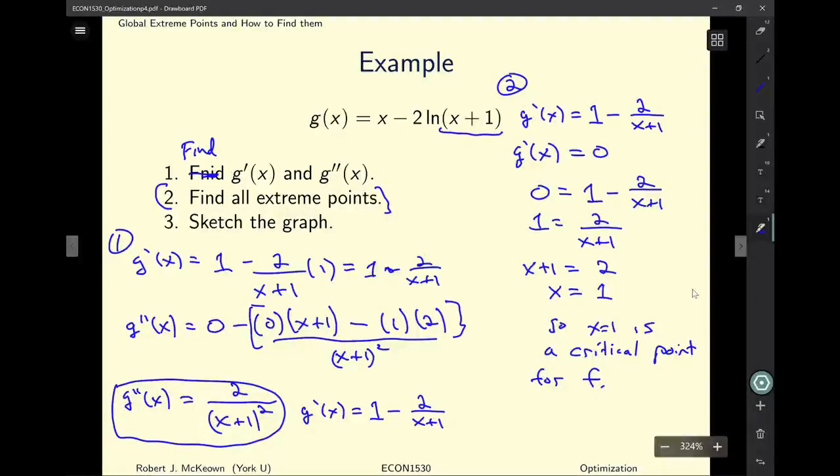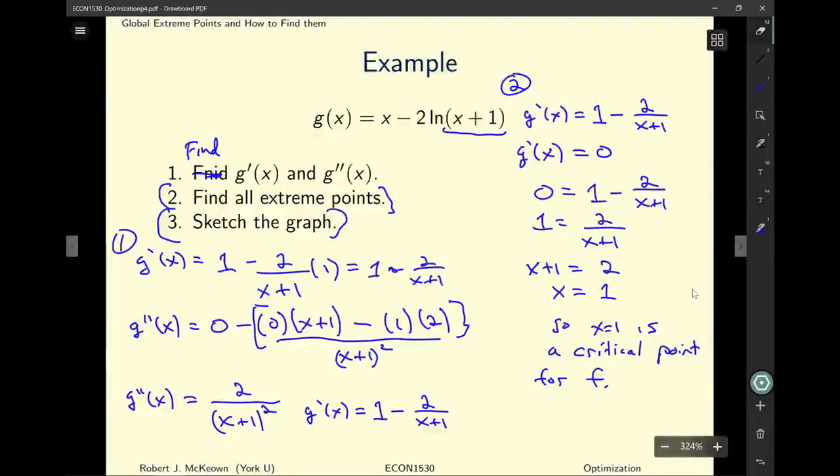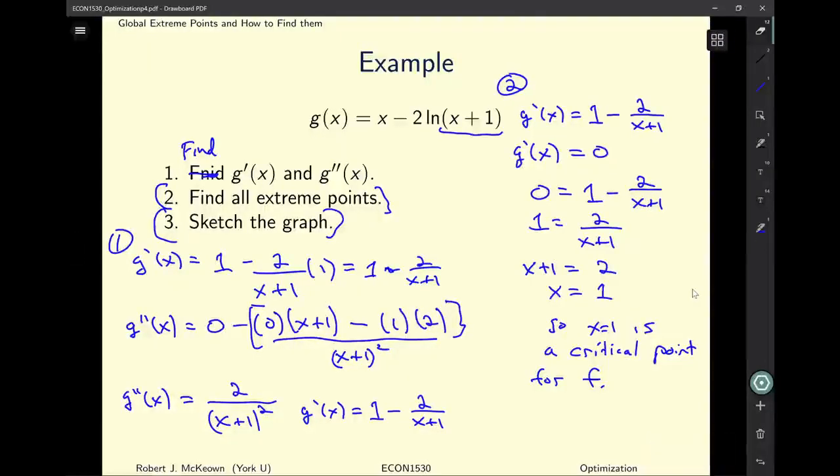Next, we're asked to sketch the graph. So let's take a look at the graph. Before we do that, can we say something about this critical point? Is it going to be a maximum or a minimum? We actually already know that it's going to be a minimum. And how do we know that?